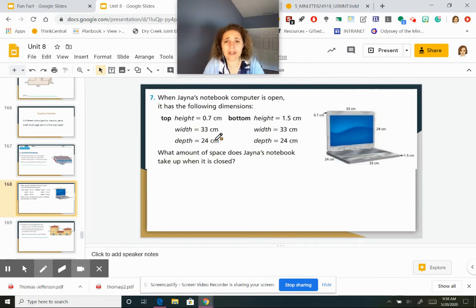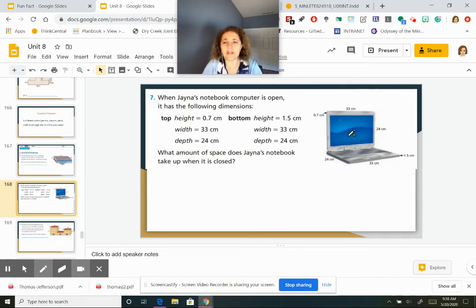So the only thing that's a little bit different here, right, is because they're not two different figures. So you're not going to find the volume of this one and then the volume of this one. So I can imagine, because it says what's the amount of space Jana's notebook takes up when it's closed. So I have to imagine that I'm closing it up, right?